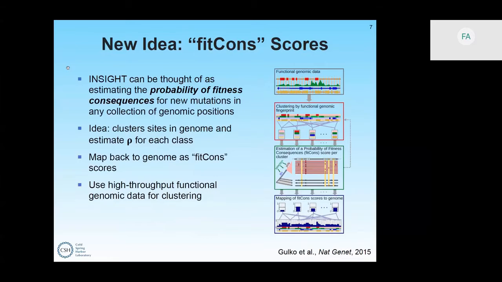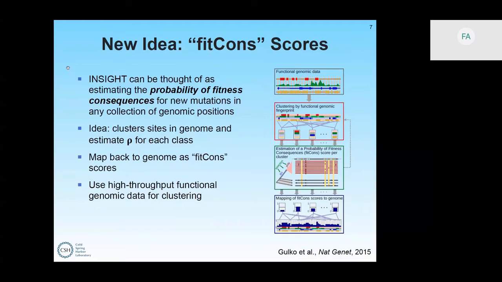Okay, so now I'm going to move on to the second idea of the talk, and that is turning these estimates of rho, fractions of nucleotides under selection, around and using them to measure something slightly different. This was an idea that we had after finishing up the INSIGHT project, and you can think of it essentially as a way of hijacking this probabilistic model for another purpose.